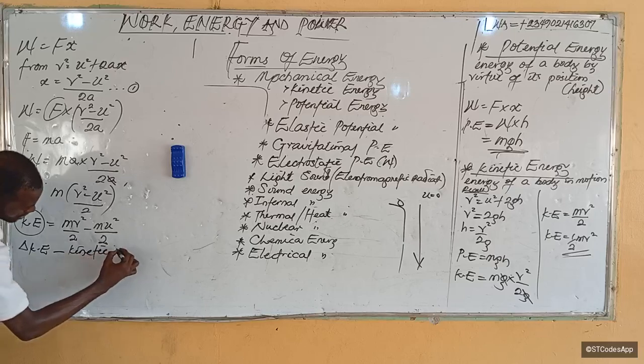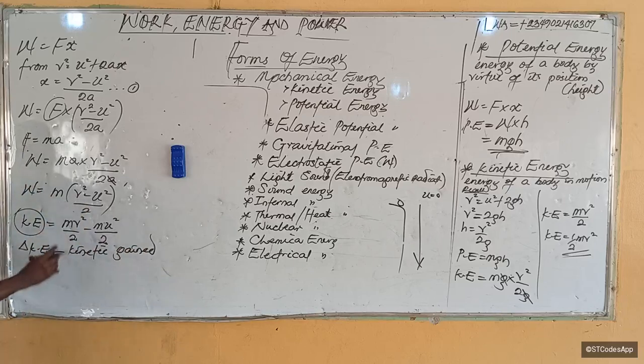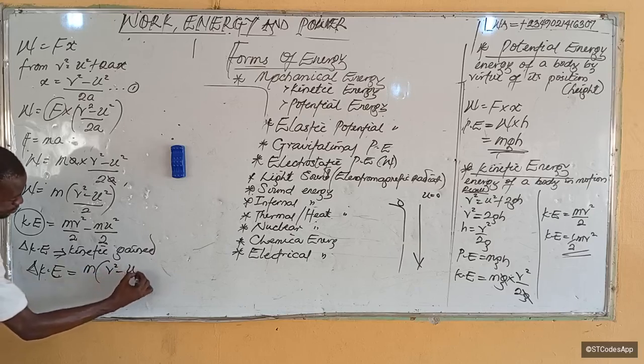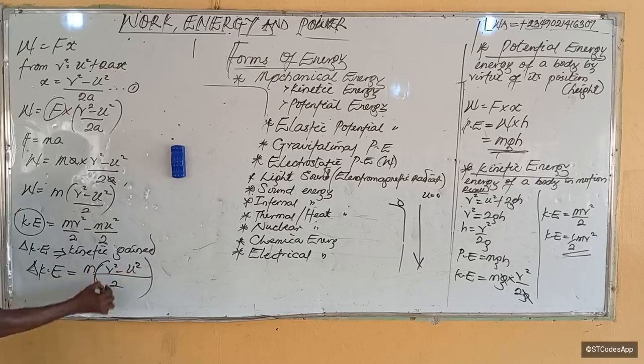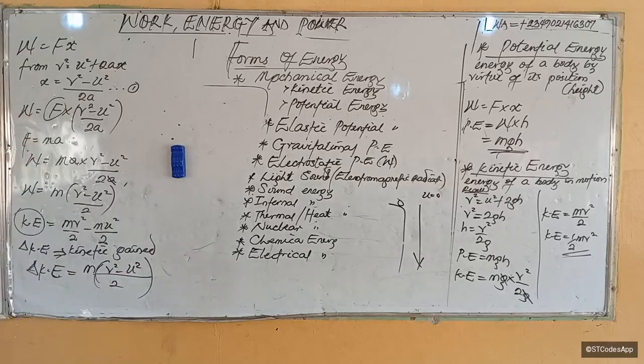Do you understand? The kinetic energy gained from initial to the new. The difference is the kinetic energy that has been gained. So therefore, delta KE is equal to m, which is common, times (v squared minus u squared) over 2. So that is the formula for kinetic energy.